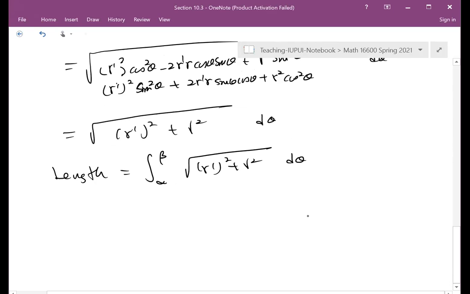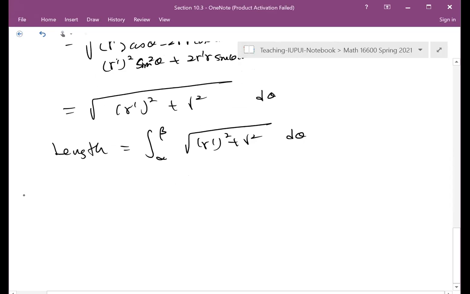We can use that formula when r is constant. You can use that to find the circumference of the circle, because for the circle, r equals any fixed number. That fixed number I call capital R. This is constant.